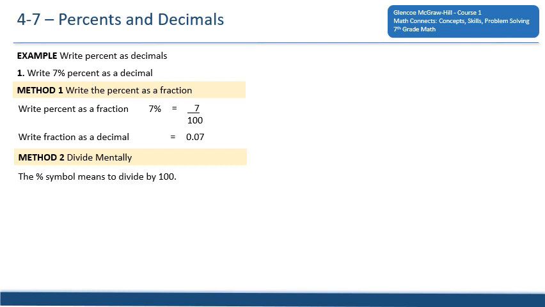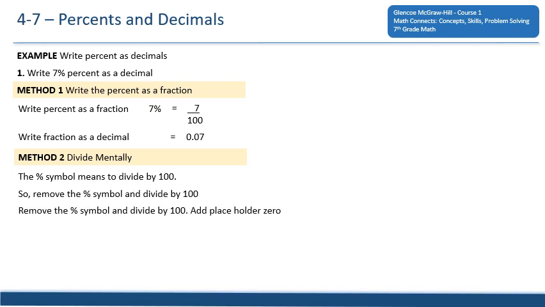Or we can divide mentally. The percent symbol means to divide by 100. So remove the percent symbol and divide by 100. And then add a placeholder 0. So we have 7% equals 7.